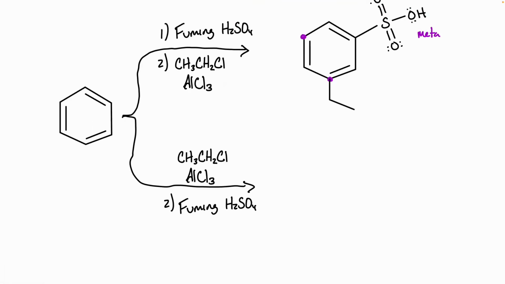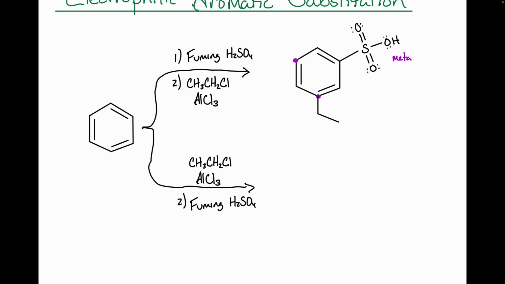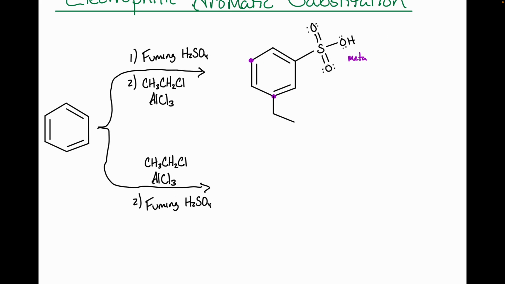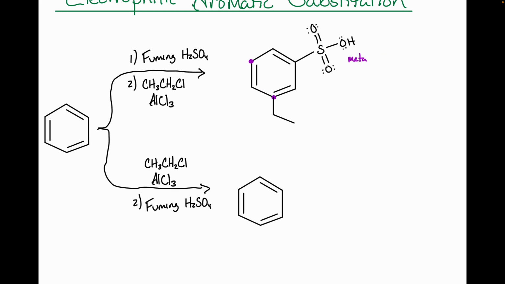All right, if I do it in the other order here, let me make a little bit more room. Now my alkyl group, my ethyl group, is going to be added first. So now I've got to look at that alkyl group and ask myself, is this an ortho-para or a meta-director? This one's ortho-para.